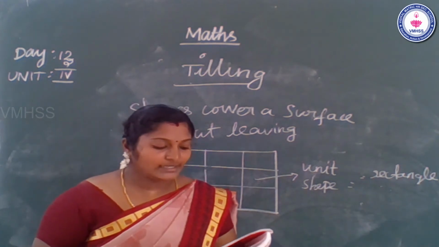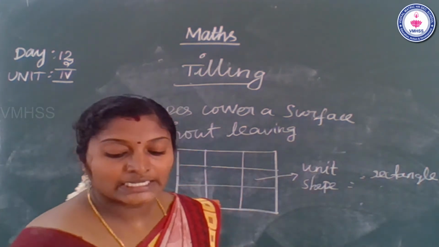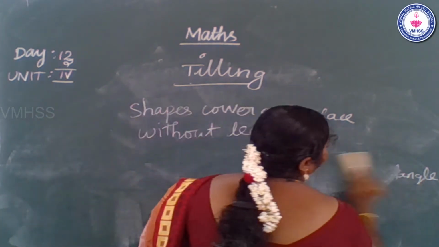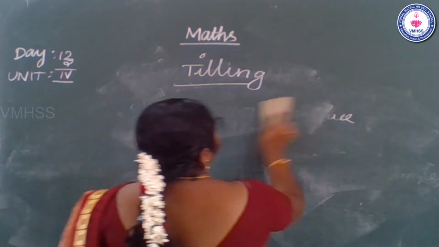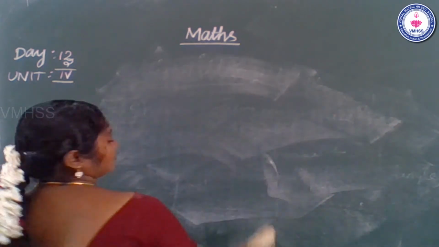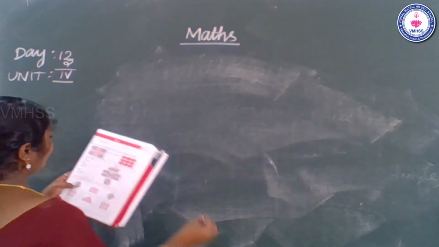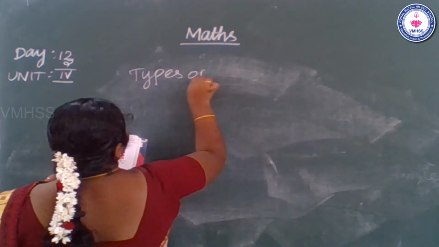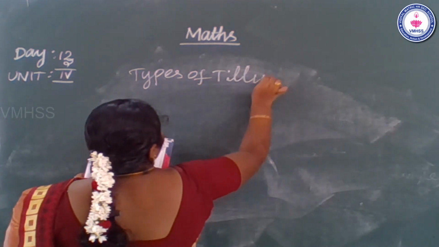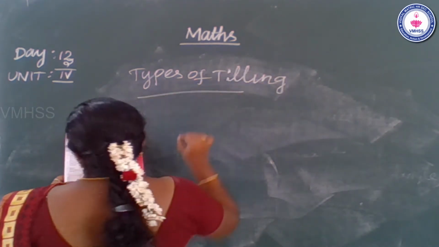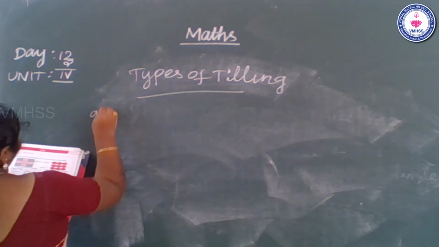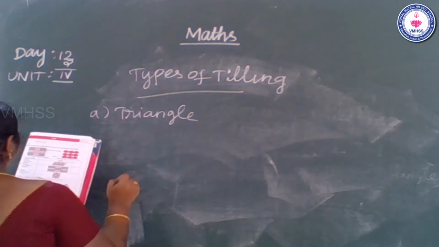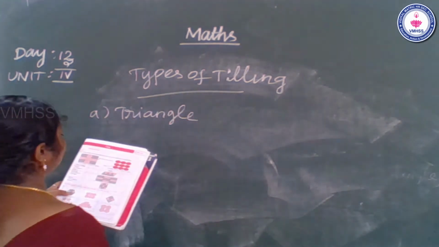Okay, so next one, types of tilling. You already know tilling and types of tilling. So once again we recall. First one, triangle: the unit shape is triangle.